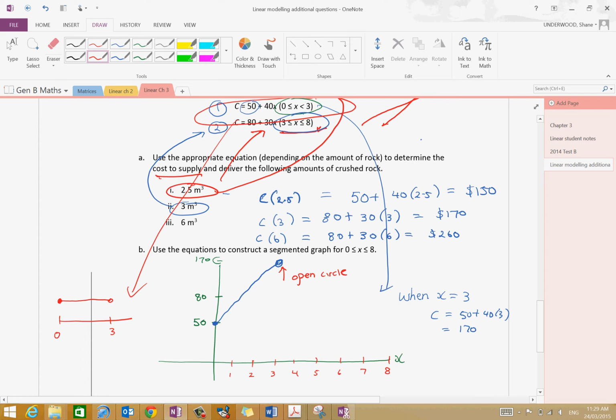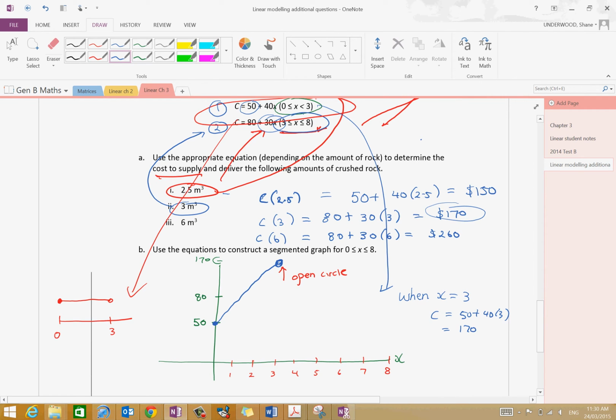And the second thing is we've now got points from 3 to 8. Let's sub in when x equals 3 into that equation. Well, we have done that, and that's 170. So what we've got is 170, and it's inclusive of that point, but this time it's got a smaller gradient. It's got a gradient of 30.